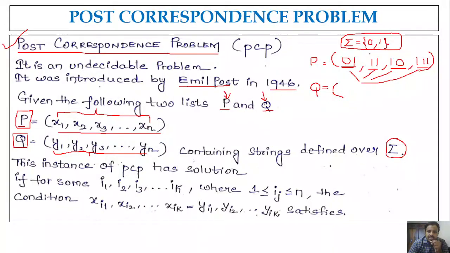Let me consider the strings in the list Q to be 111, 0, 1, 10, and 001. Here Q also has a sequence of strings or items, let me say y1, y2, y3, y4.